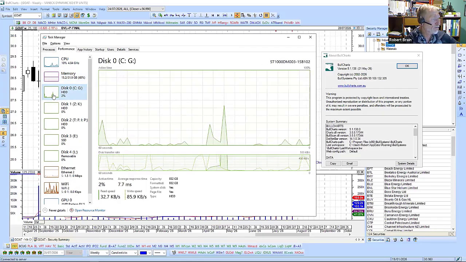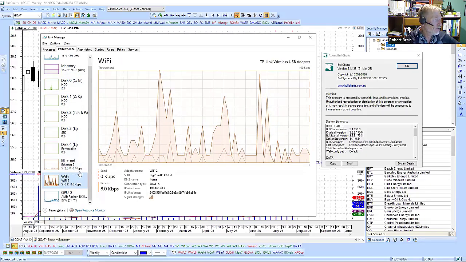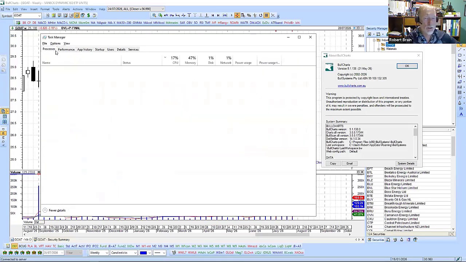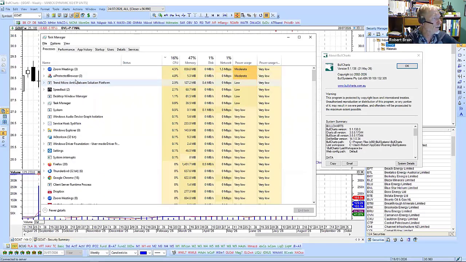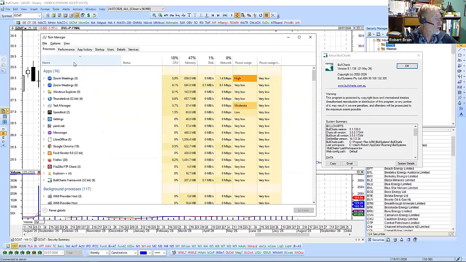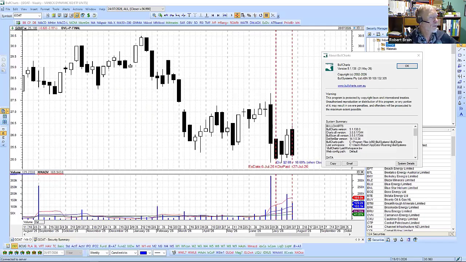Sometimes one of my disks goes flat out, 100%, and I can see the Wi-Fi usage. And that's a useful thing to run. If something hangs, like BullCharts, I think what you were just saying is that you look for BullCharts on here if it freezes, and you can right-click and end task. And that's safe to do if anyone needs to end BullCharts. So that's useful information to know.